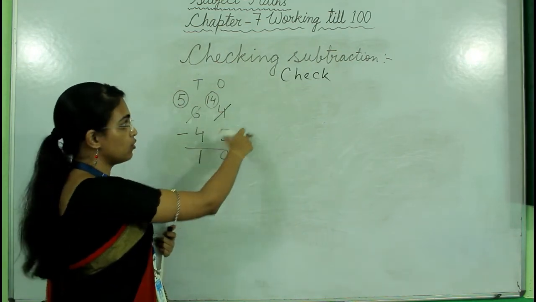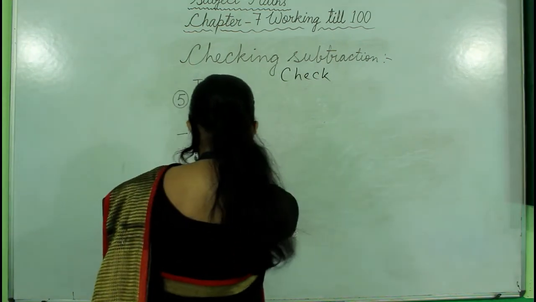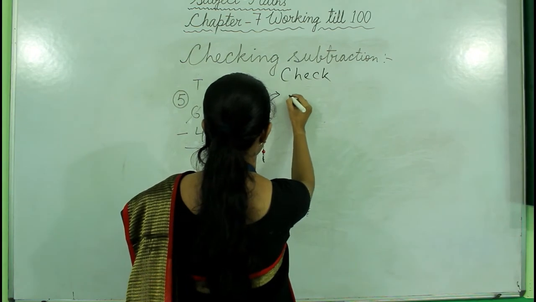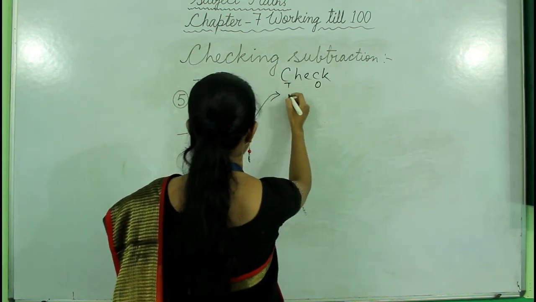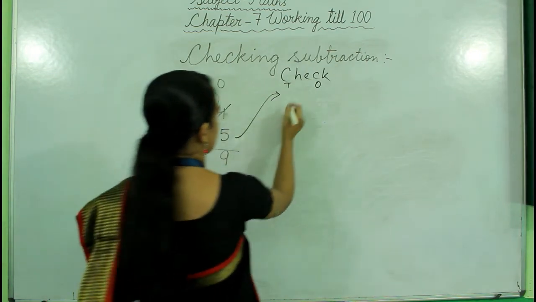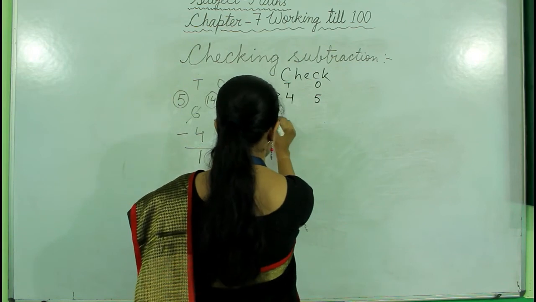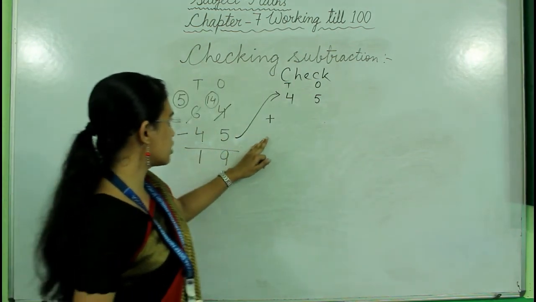When you are doing the checking process, first write this number at the top, like here, tens and ones, and write this number 45. 4 here, 5 here. Then put the addition sign when you are checking subtraction.